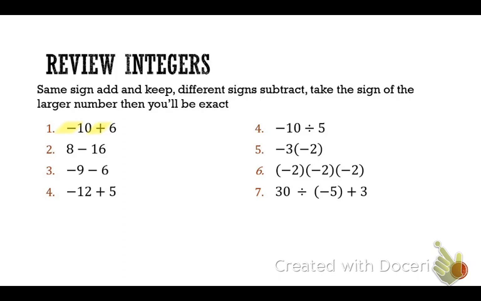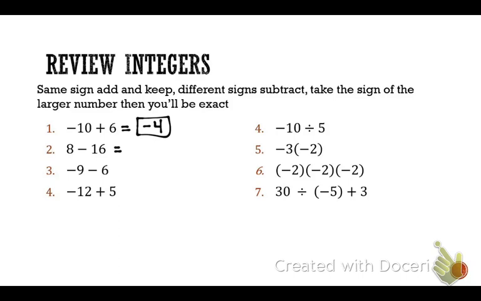And take the sign of the larger number, which is 10, negative. Then you'll be exact. So your answer is negative 4. All right? Is it kind of coming back to you a little bit? This idea of positive and negative numbers. So let me ask you this. On number 2, do you have same sign or different? Different.